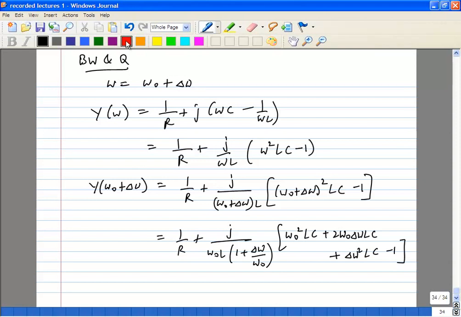Now what do we know about this? We know that omega naught is 1 over root LC. So these two terms cancel each other out.